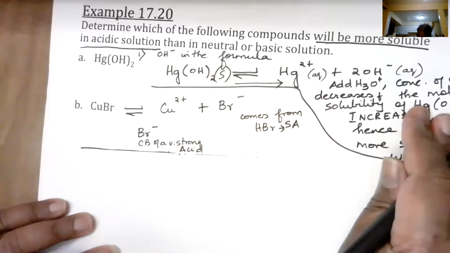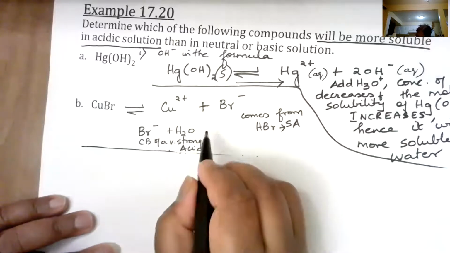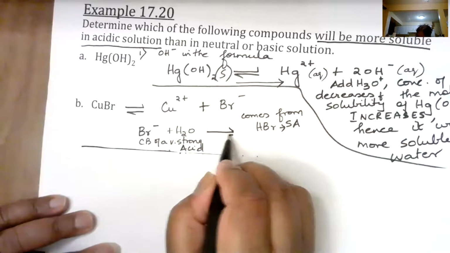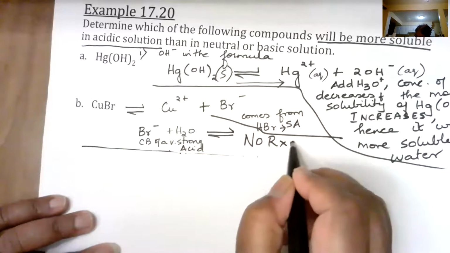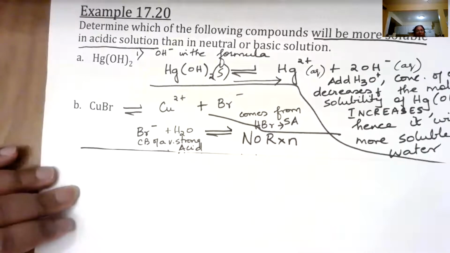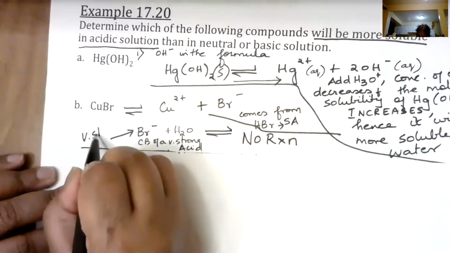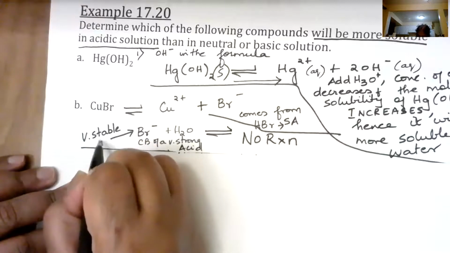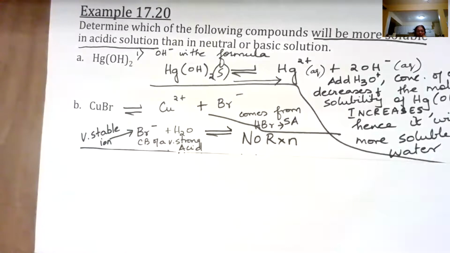So what do we know about this guy? This guy is very stable and therefore has no reaction with water. I hope you remember that. Br minus is a very stable ion, and therefore he is not reactive with water. He's stable as he is.